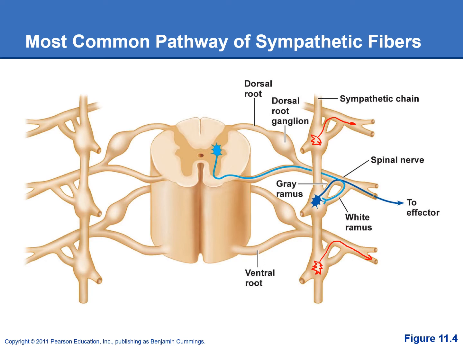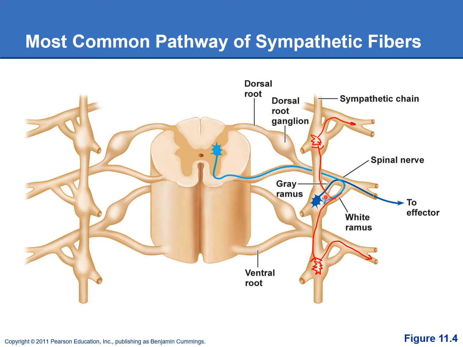The other thing that's not shown in this picture that we'll just kind of draw in is this preganglionic neuron has some collateral axons that will travel up and down the sympathetic chain and will actually synapse with several different postganglionic neurons.